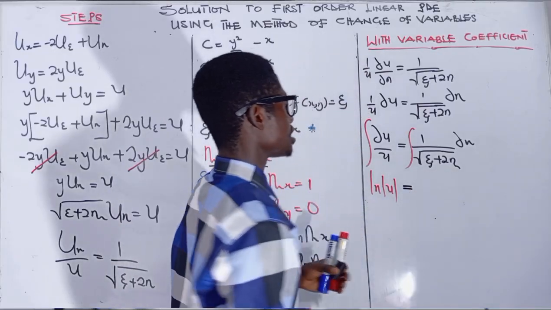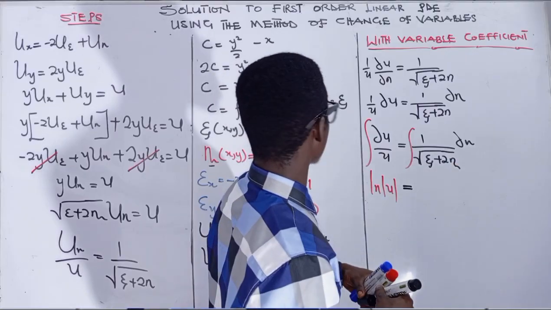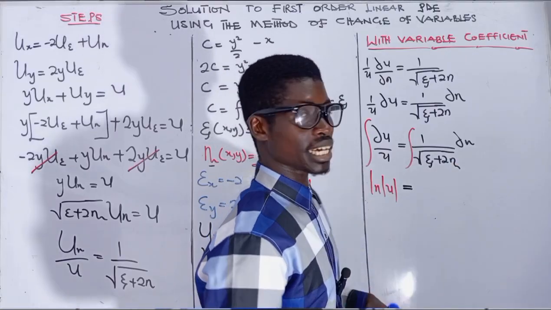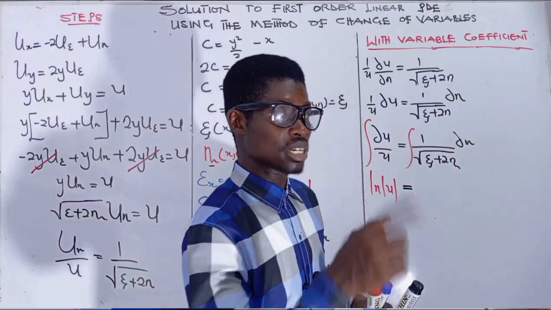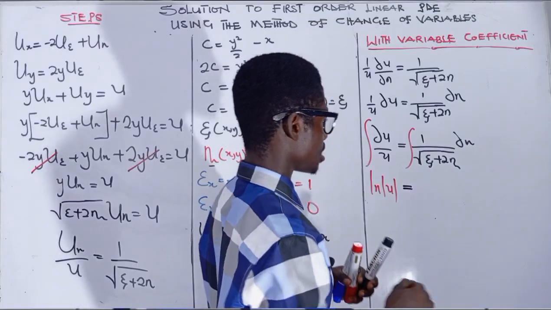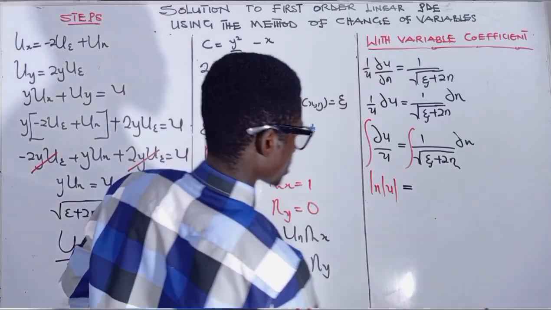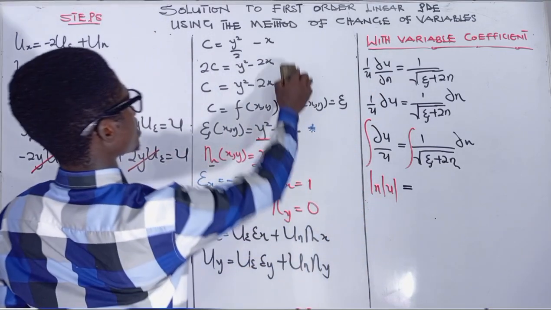So what about this? The integral of 1 over root of xi plus 2 eta. At this point, we are going to make use of the u substitution, u sub. If you could remember your calculus 2, u substitution. So let's work it here.